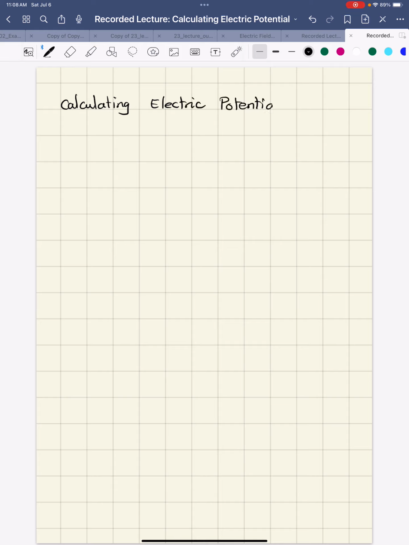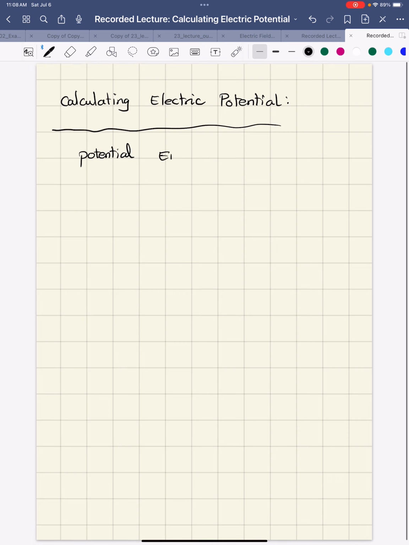Now, one of the things I want you to know about, and maybe we mentioned this before in all previous physics courses, is that for any potential energy we should have a reference point, a reference level, whatever we call it.